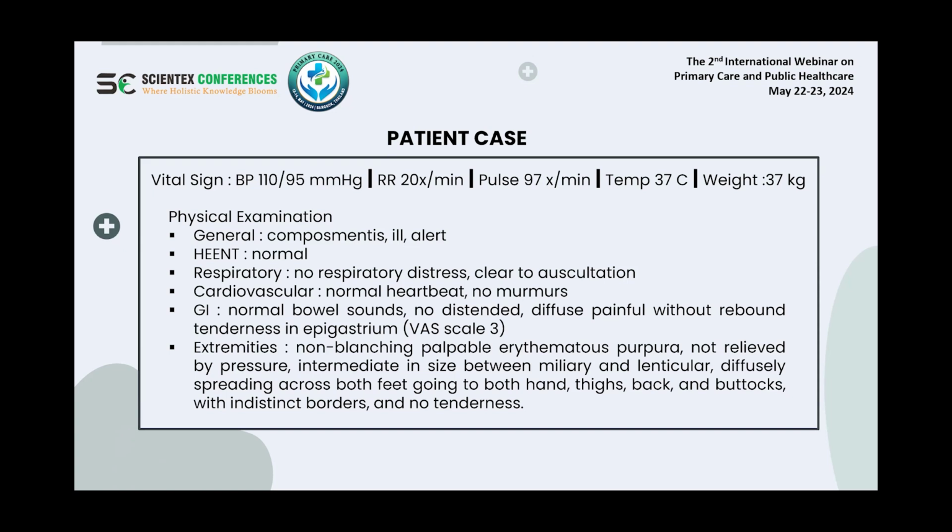The last part is the extremity examination. We found non-blanching palpable erythematous purpura, not relieved by pressure, intermediate in size between miliary and lenticular, diffusely spreading from the feet to the hand, head, back, and buttock with indistinct borders and no tenderness.